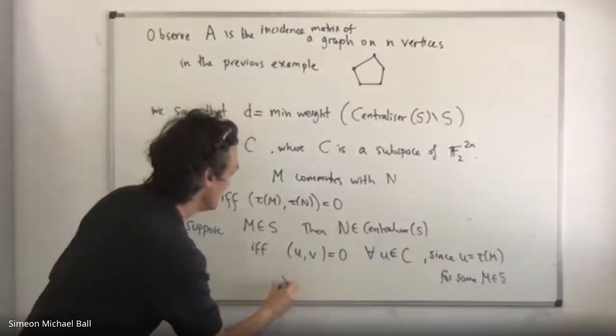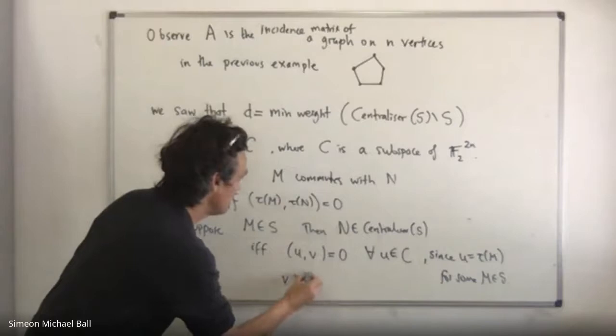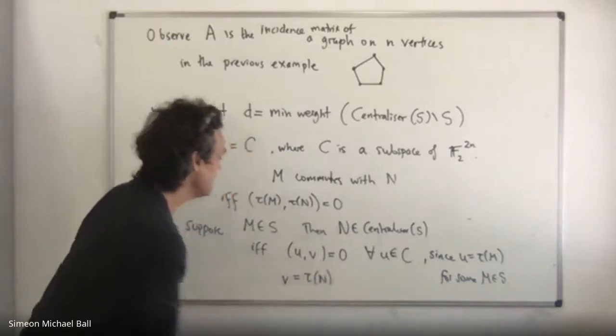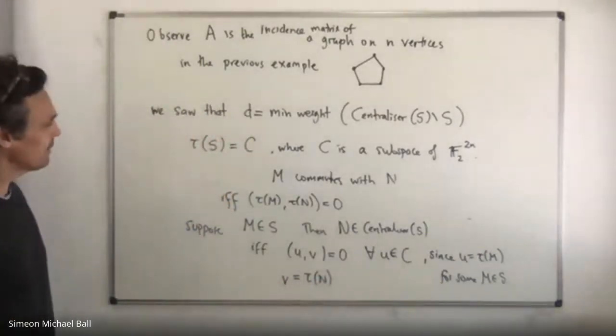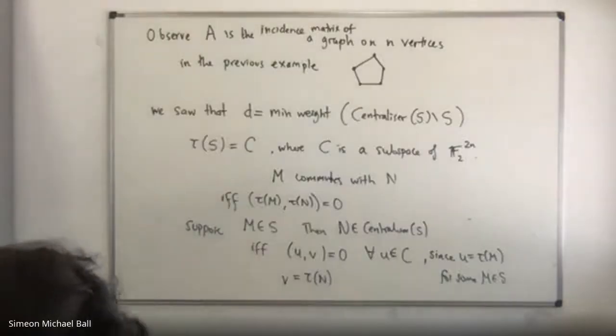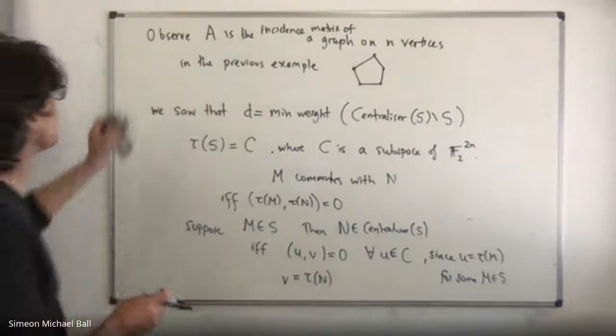Is one of them supposed to be a V, or for all U in C? So yeah, V is tau N. Yeah, I didn't like this one. Okay, let me look at my sheet. I didn't bother, I just thought it was so obvious.